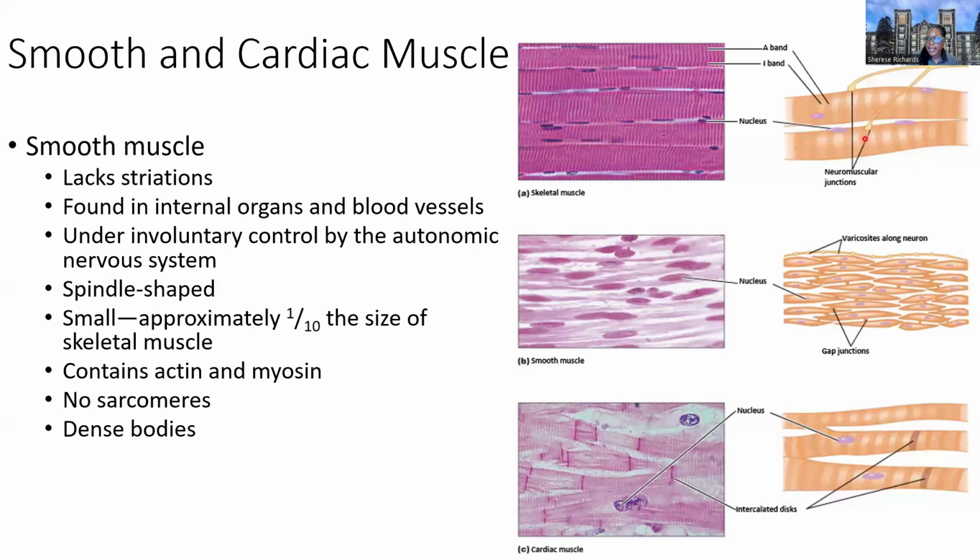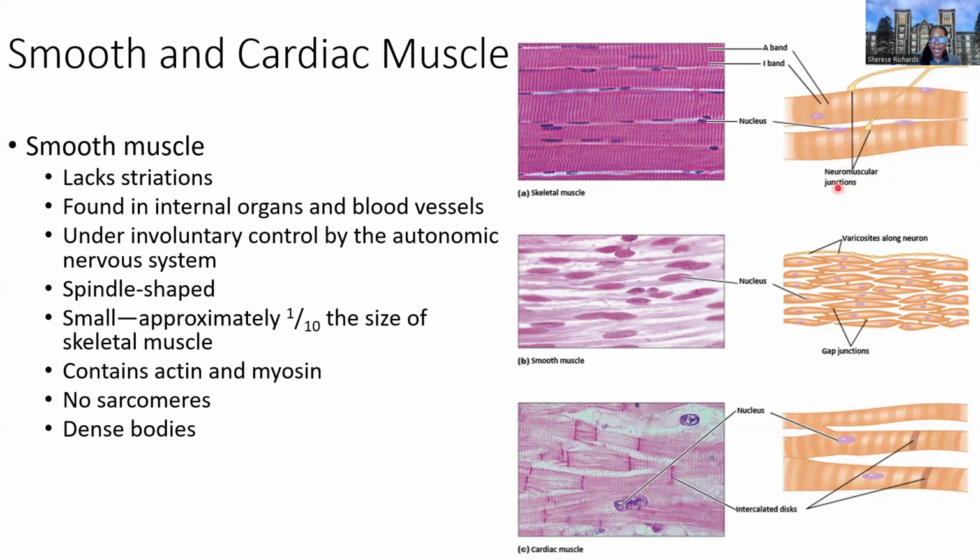Skeletal muscle has these strand-like, fiber-like cells, and cardiac muscle has that as well. Smooth muscle is unique in that it doesn't have striations, and the muscle cells here are not organized into sarcomeres, which are these repeating units that we see on the other two striated types.